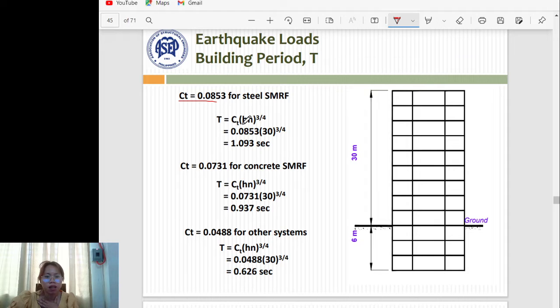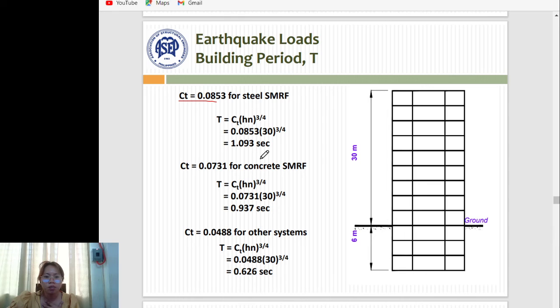Then substitute the H sub N, this is the height of the building from the ground, and the power of 3/4, no? That is 1.093 second. Pasabot aning period, this is the time nga mo drift or musuy ang building 1.093 second, mubalik siya sa ang original nga position if there is an earthquake.